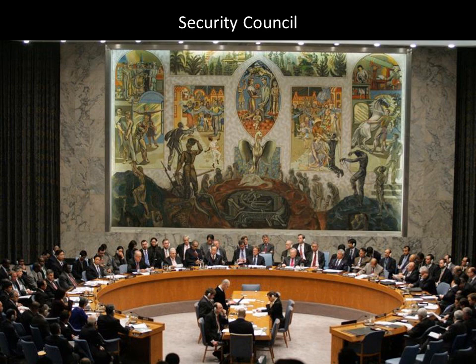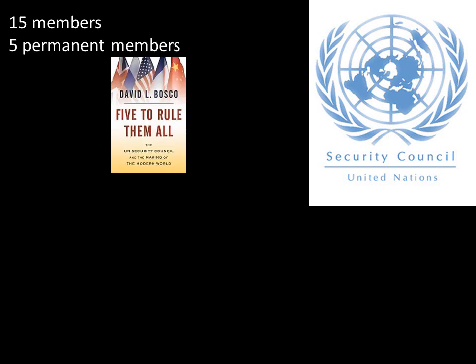The Security Council is made up of 15 members. 5 of those are permanent members of the Security Council. They're always on the Security Council: United States, Soviet Union, today would be Russia, Britain, France, and China.